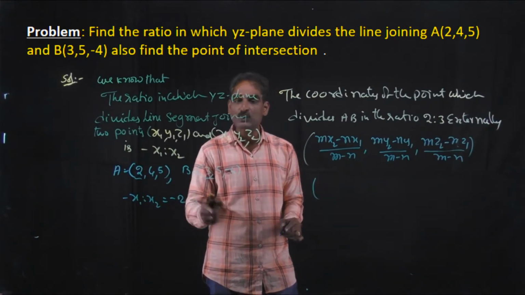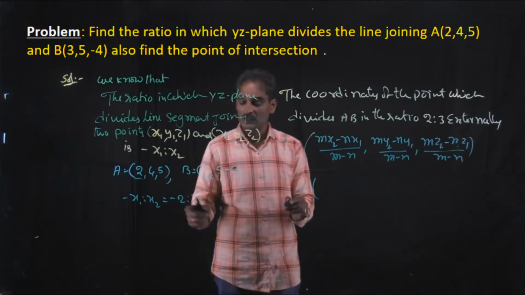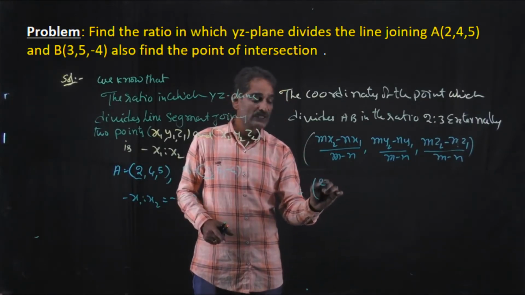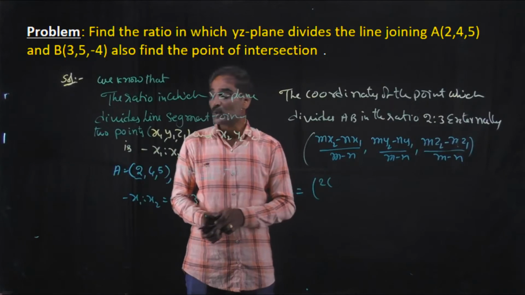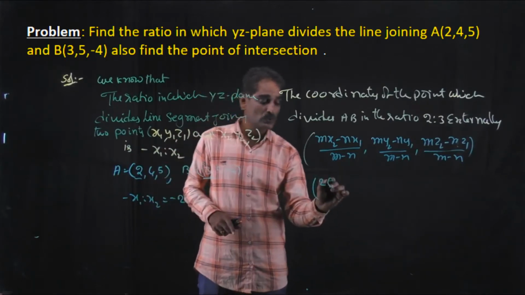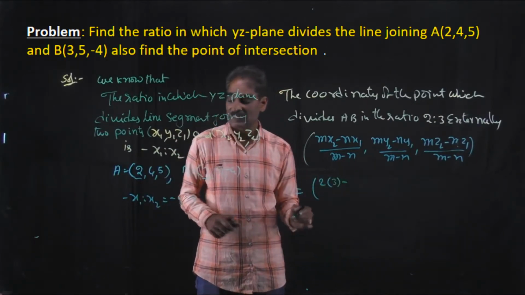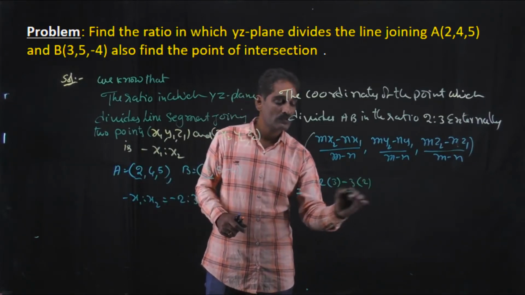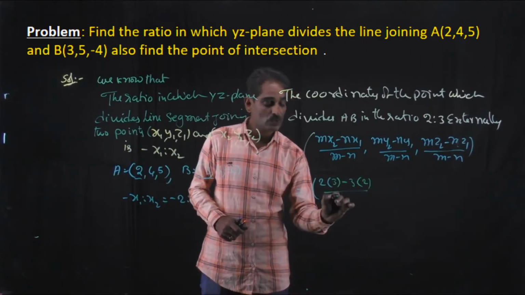Here m is to n is 2 is to 3. So mx2 minus nx1 is 2 into 3 minus 3 into 2, by 2 minus 3.